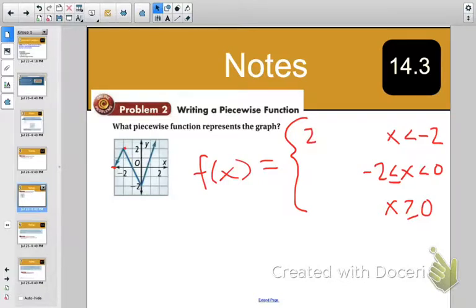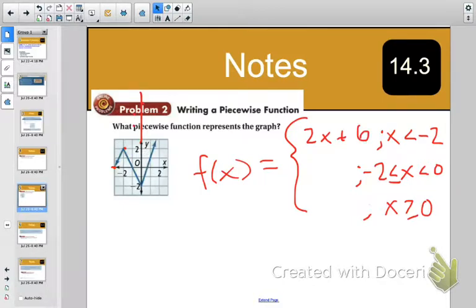So this is going to be 2x plus something. If I continue to go up 2 over 1, up 2 over 1, I will be at 2, 3, 4, 5, 6.